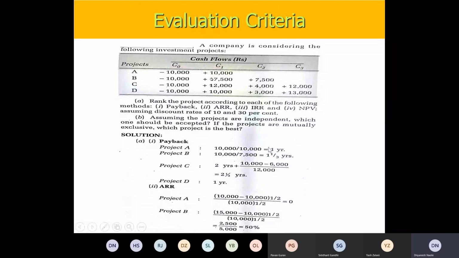So that's why we write project B has the payback period of 1 year and 1 by 3, that means 4 months. Likewise we find out, and the rule is the project with the smallest payback period needs to be accepted. We could also have a standard payback period.